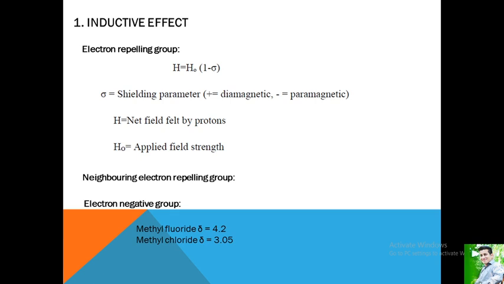Here we can see the delta value for methyl fluoride is 4.2 and for methyl chloride is 3.05. So we can clearly see that as the distance from the electronegative atom increases, the deshielding effect is diminished. Distance is inversely proportional to the deshielding.